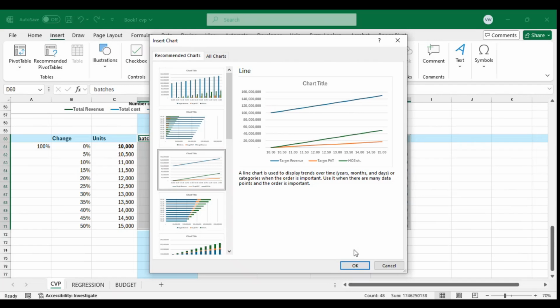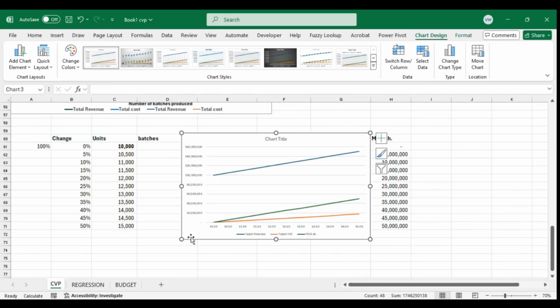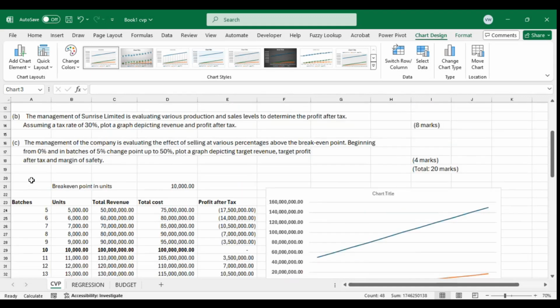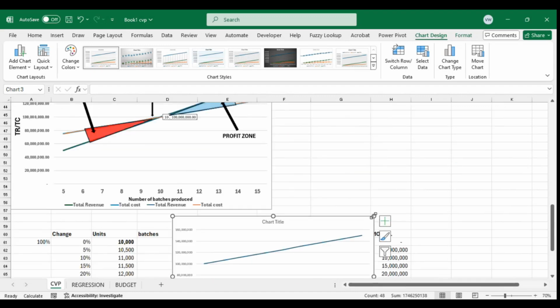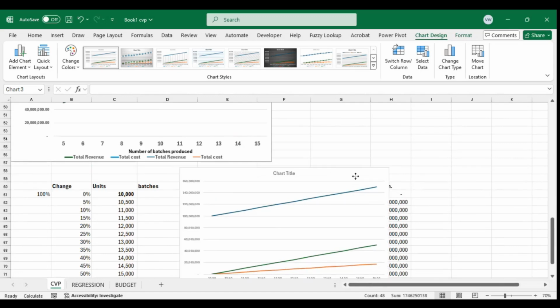Alternatively, if you didn't want to use this, there's still an alternative approach because the question did not necessarily say that we have to show it against the batches. Let me see if it was against the batches. It doesn't explicitly say that we have it against the budget.